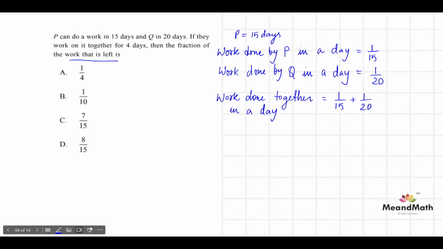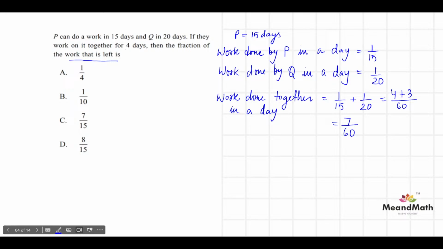Now you just need to add this. You need to think of what are we going to be getting if we add that. Take the LCM, that's going to be 60. 15 times 4 plus 20 times 3. So we're going to be getting 7 over 60, right? This is the work done in a single day.